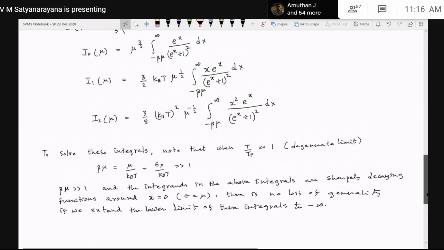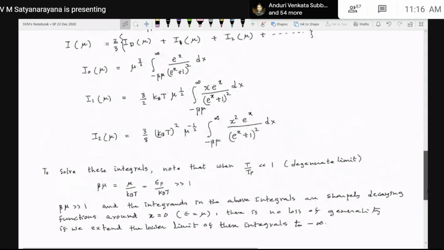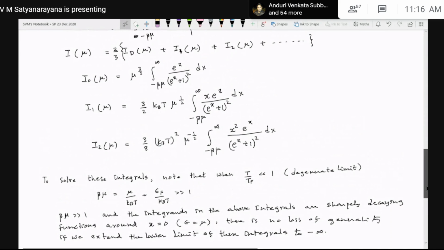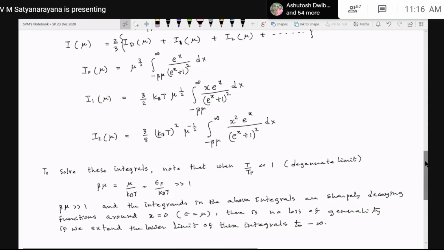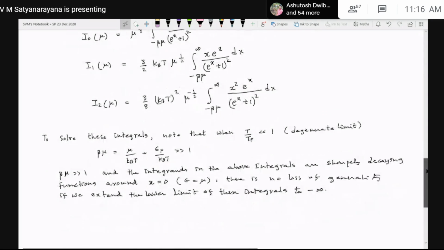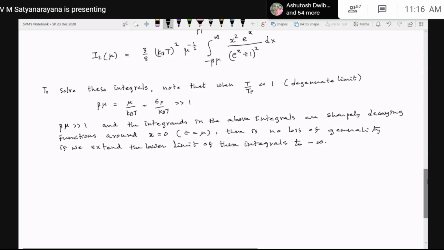So with this approximation, we'll try to evaluate each one of these integrals. Let's first write what is I0 of mu.